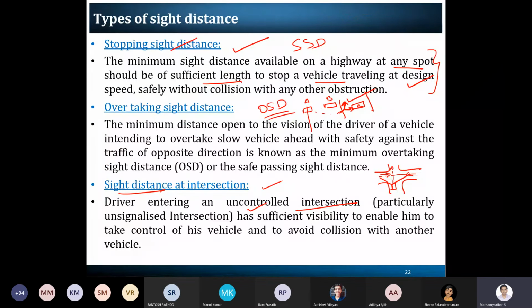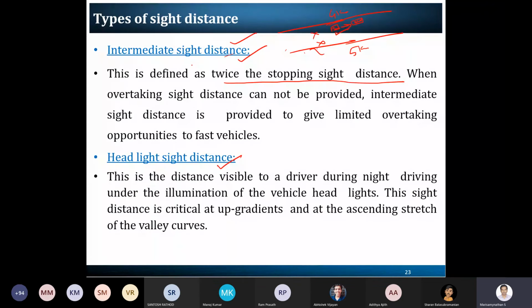Stopping sight distance and overtaking sight distance are the two main sight distances which we are going to deal with in problems, along with theory as well as definitions with respect to the derivations. The remaining ones ultimately depend upon the overtaking, or the stopping distance; for example, twice the stopping distance gives the intermediate sight distance.